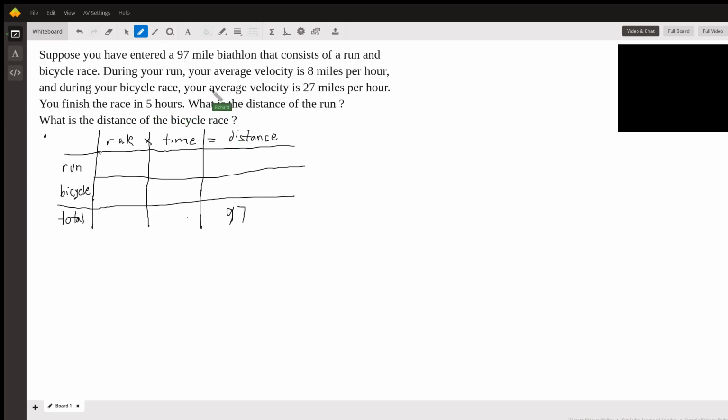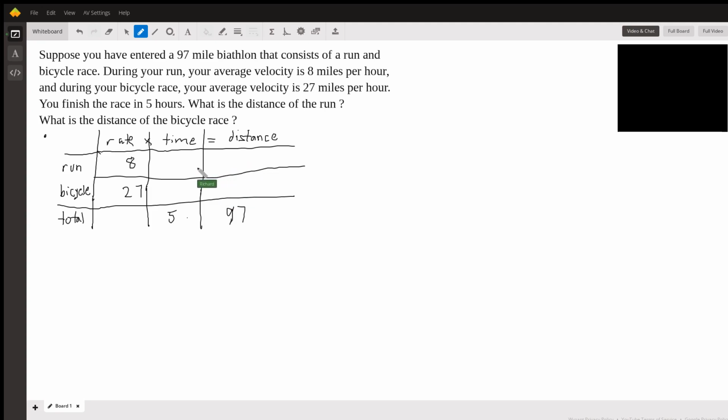During the run, your speed is 8, that's your rate. During the bicycle, your speed is 27. And the total time elapsed for the race is 5 hours. So that's what we're given. And what we have to find is the running distance and the bicycling distance.